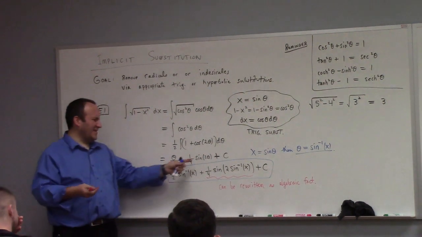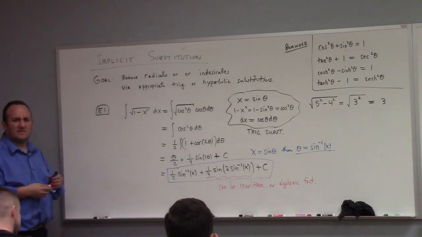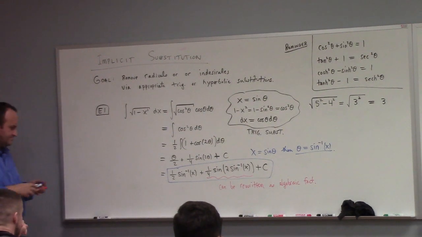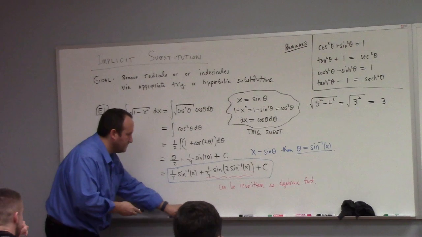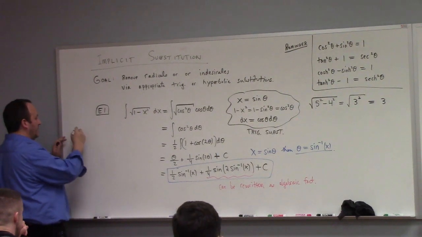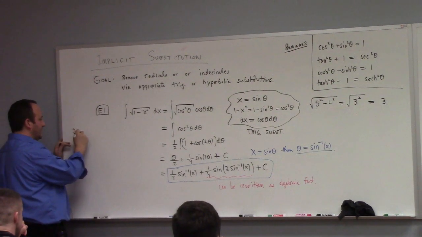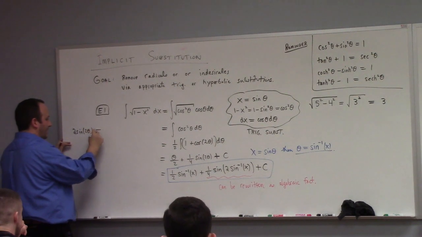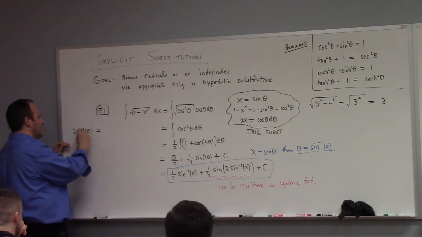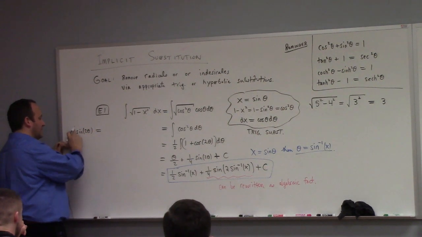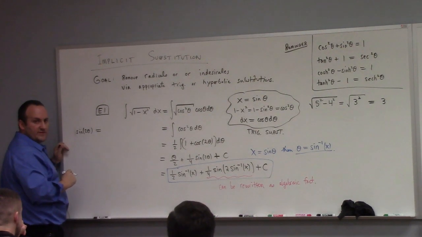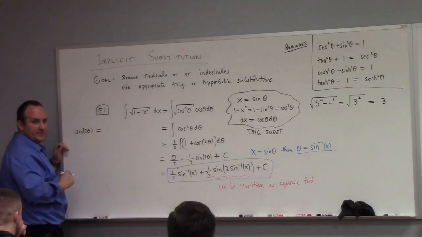How on earth can I write sine of 2 theta as an algebraic function, though, here? Well, let me show you. What is sine 2 theta equal to? What's that trigonometric identity?